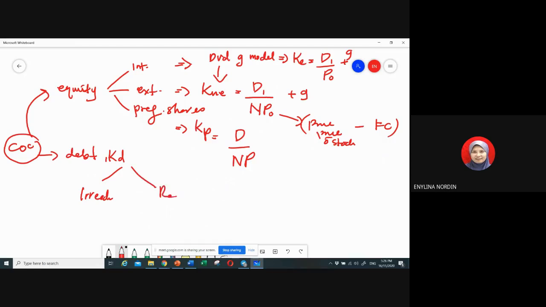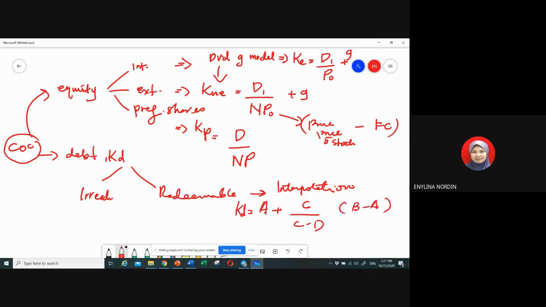If it's redeemable, we need to use the interpolation formula, subject to trial and error. The interpolation formula is KD equals A plus C over C minus D times B minus A.